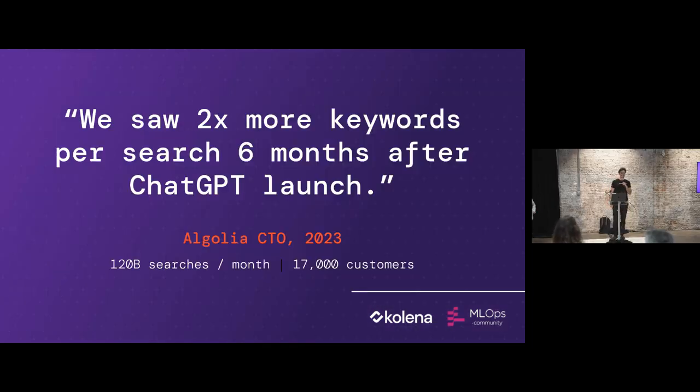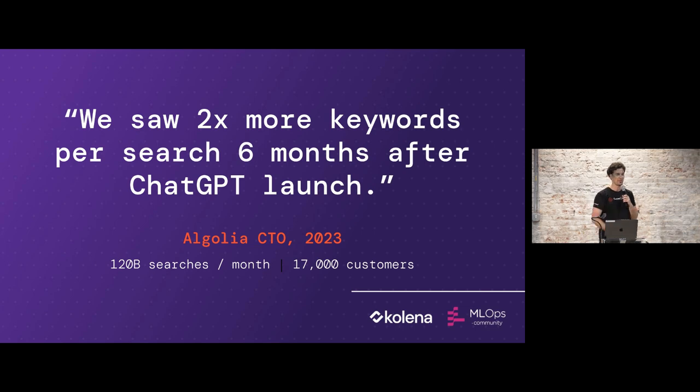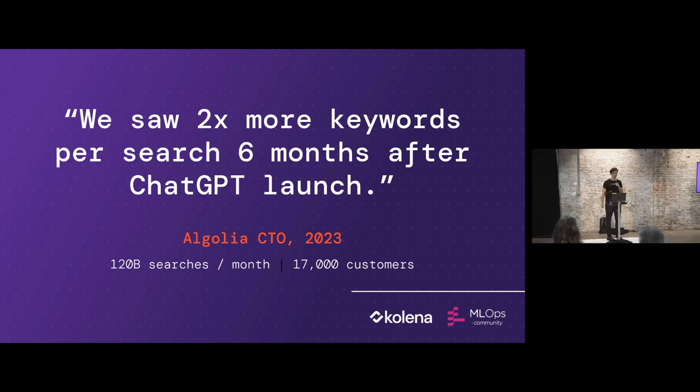I will start with a statistic just to calibrate the size of our problem here. This was the Algolia CTO last year. Algolia e-commerce search, they ran 120 billion queries per month. And in their query logs, they have seen the number of keywords double per query after ChatGPT launched.